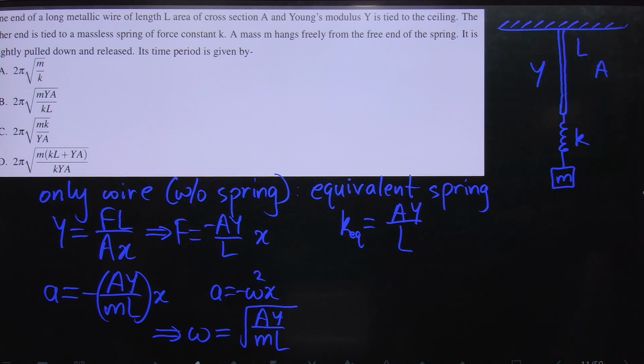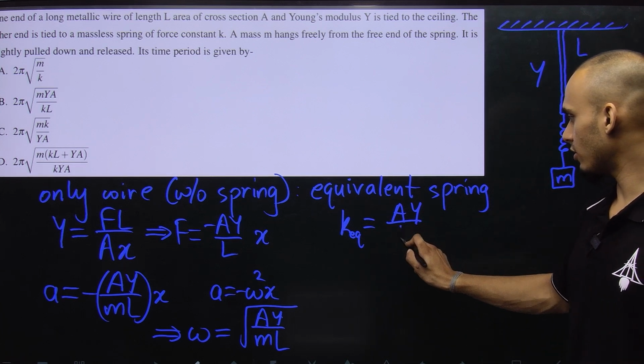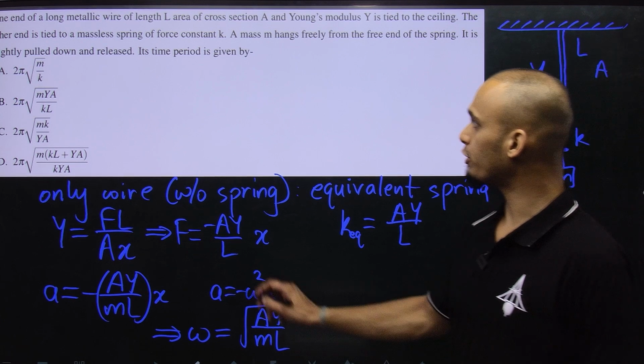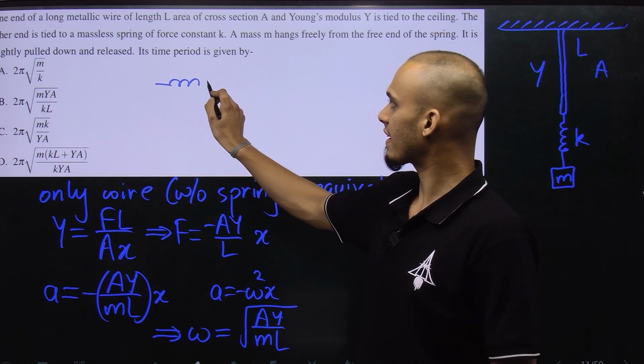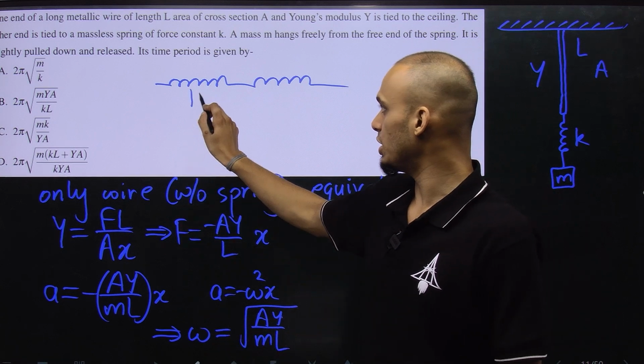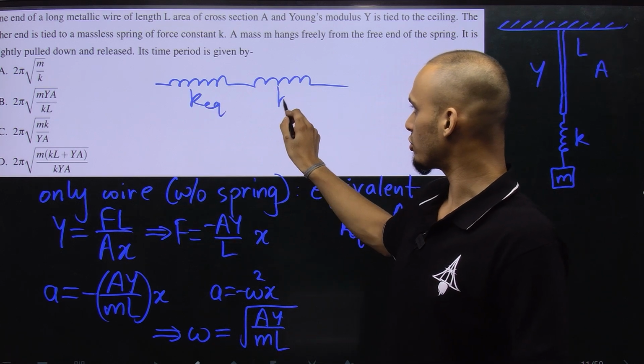So we can say that the wire behaves like a spring of constant AY upon L. This will be much easier for us because now we can consider our system to be made up of two springs, one of force constant K equivalent and one of force constant K.